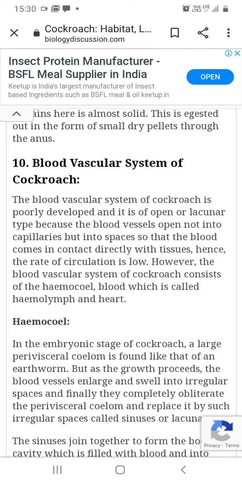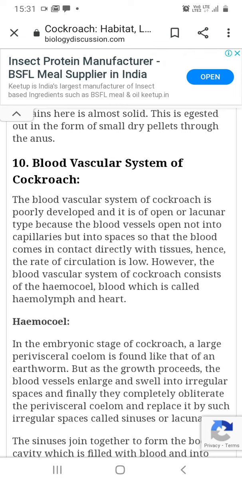We know that all the tissues, all the organs present in cockroach or insect, are present in the coelom. And this coelom is filled with the fluid known as the hemolymph. Coelom or cavity of insect is called the hemocoel, and the fluid which fills up the hemocoel is called the hemolymph.